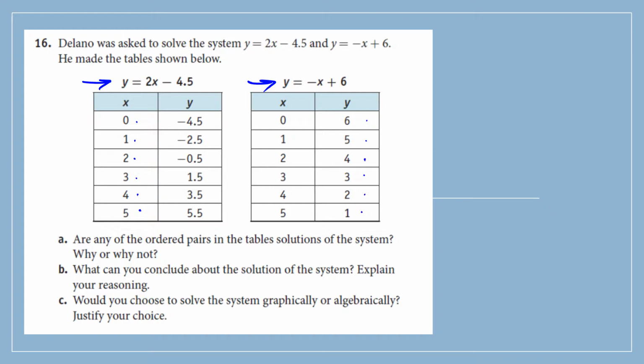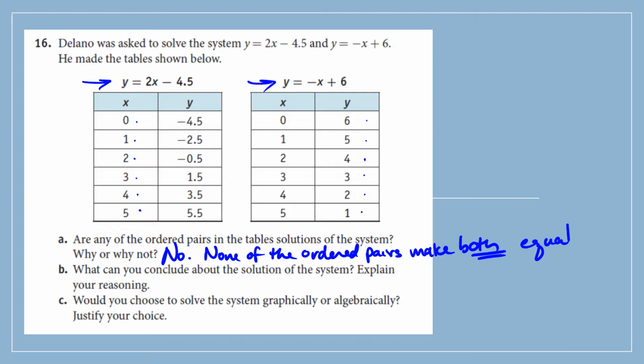So nothing on these tables is a solution to the system. No, none of the ordered pairs make both equations true or match on both tables. Something like that.